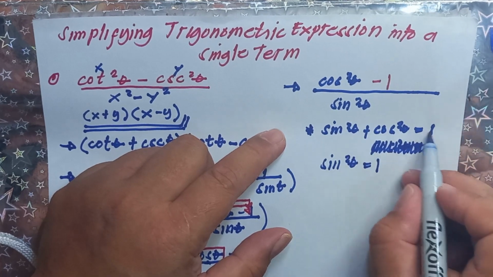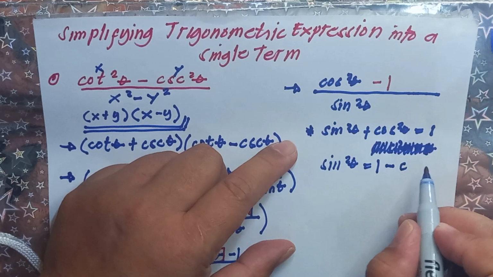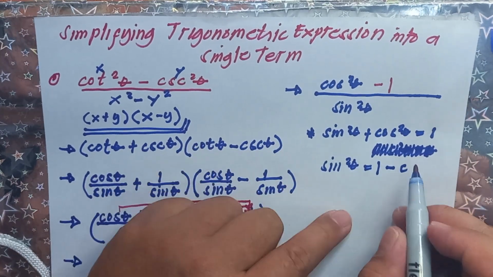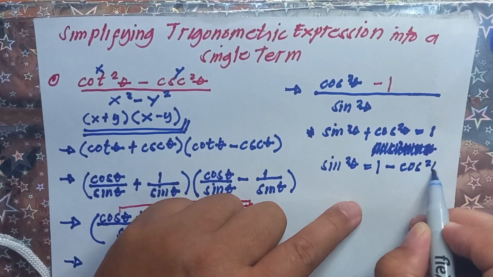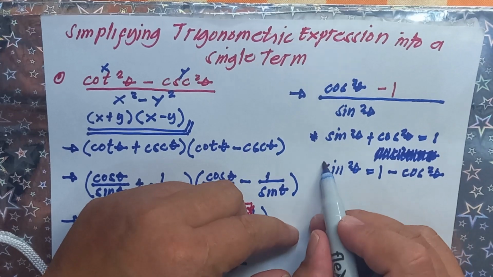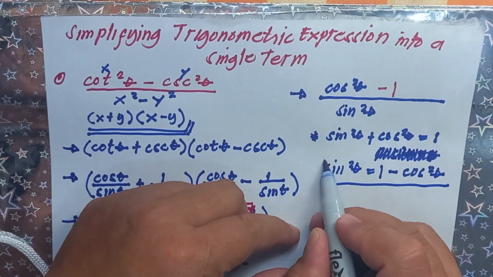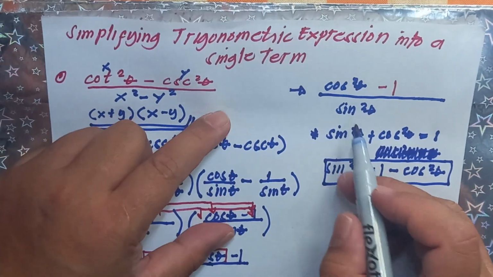So sine squared theta is 1, and you transpose the cosine squared theta, so negative cosine squared theta. By substitution, we can now change our denominator.